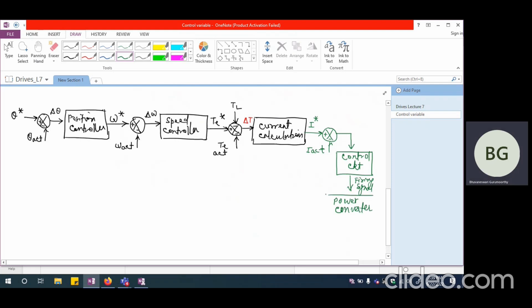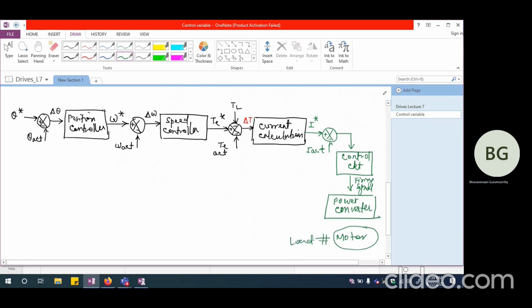Now this power converter is going to be connected to the motor drive. So here is the motor, and the motor is coupled to the load. Now from here, we will be sensing what is the kind of current we are getting from the converter into the motor.